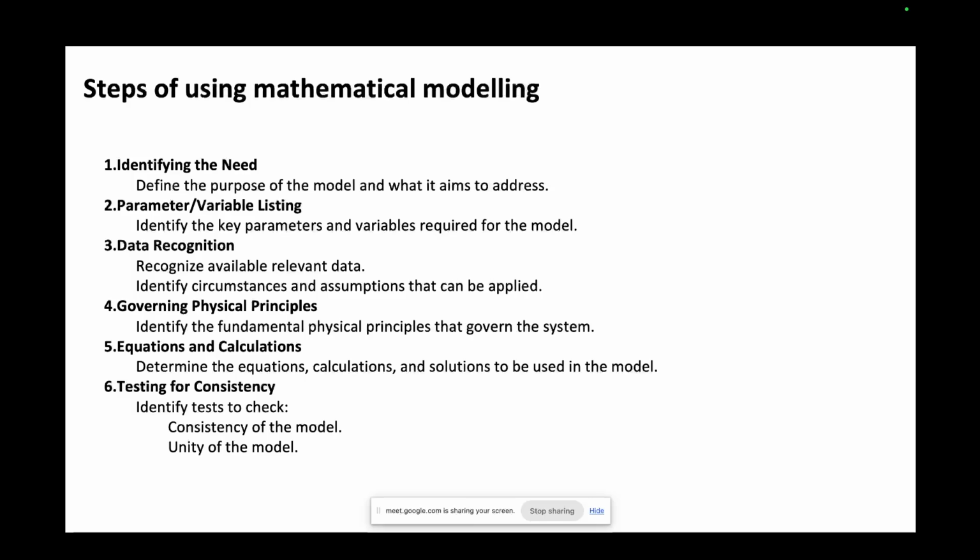Next, hopefully you have understood what requirement you need. Now you move on to the next step, identifying the different types of parameters and variables. As I was saying, if you want to study how a cell is importing glucose from the environment, there will be certain factors involved. For example, how many glucose receptors are there in your cell, what is the rate of glucose metabolism inside your cell, what is the requirement of glucose in your cell.